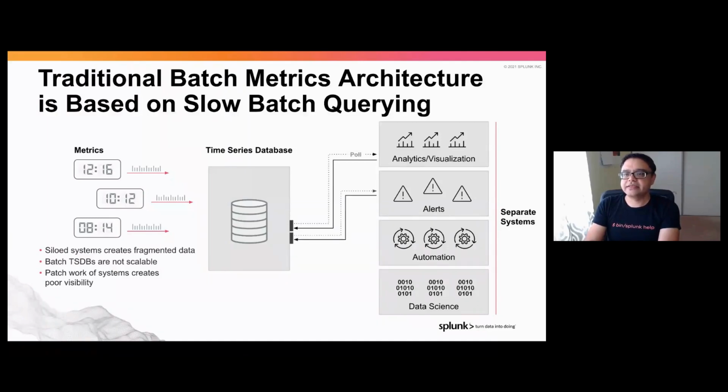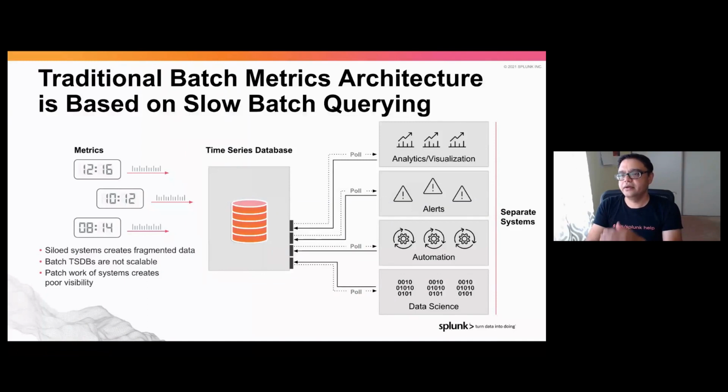And they have separate systems for alerting, visualization, automation, and the data science and machine learning jobs that they are running. All these components that you are seeing on your right-hand side will periodically poll the time series database, or TSDB, and update their state. That's batch inquiry. So I'm going to poll this TSDB every minute, every 2 minutes, every 5 minutes, and I'm going to update all these systems that I have on the right-hand side.